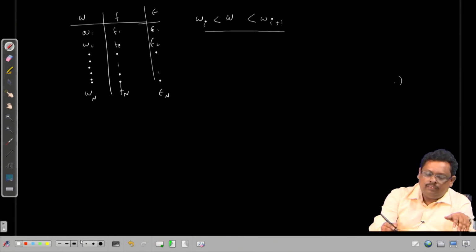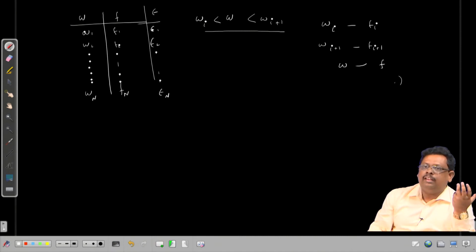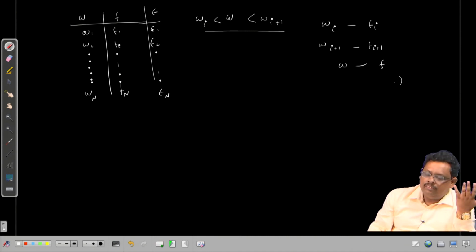Now, you understand what I mean. So, what we do over here is simple linear interpolation. That means I know at some omega I, this is my f of I, and at omega I plus 1, I know this is my f of I plus 1. So, then at omega, what is my f? That is what I need to do, and I do exactly a linear interpolation.